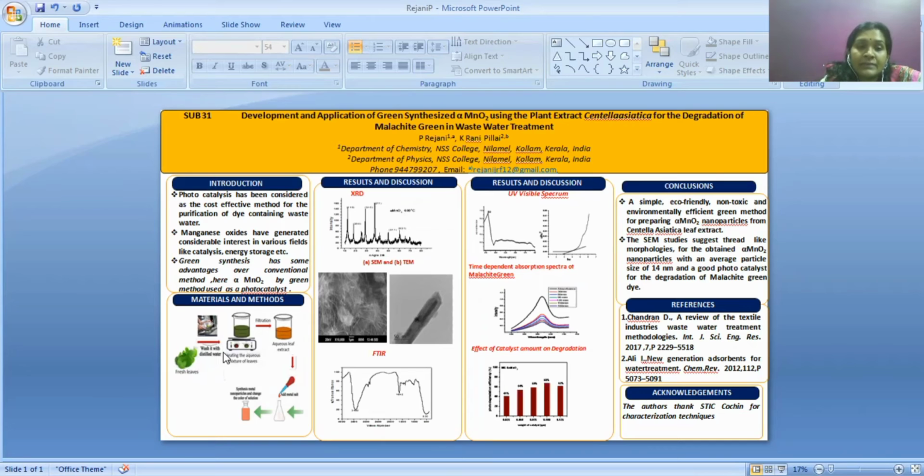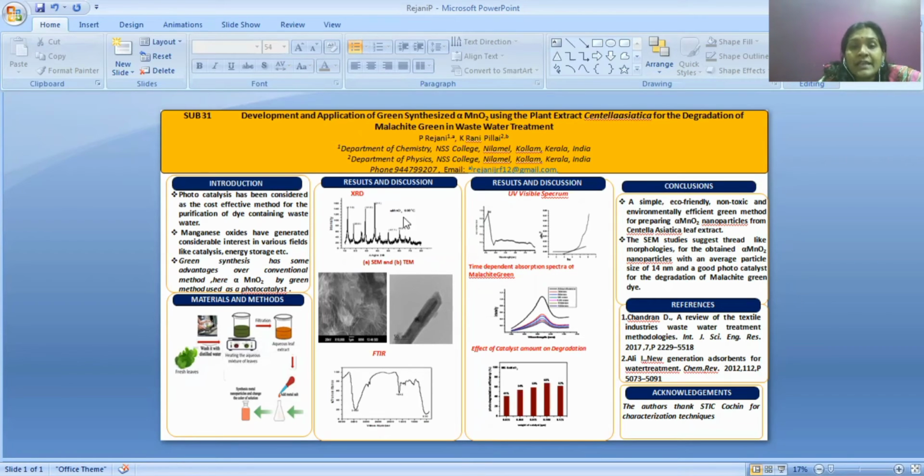To that plant extract, we add 1 millimolar potassium permanganate solution through a burette, and it is allowed to stir vigorously for 2 to 3 hours. The material obtained is filtered, washed, dried, and annealed at 600 degrees centigrade for about 3 hours. The annealed material is used for characterization techniques like XRD, SEM, TEM, FTIR, and so on.